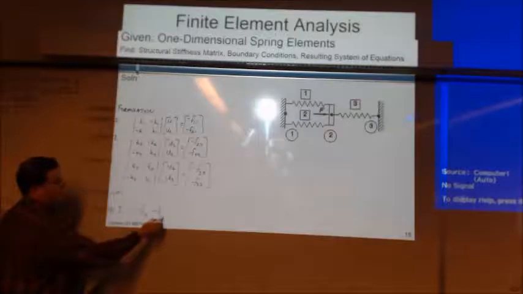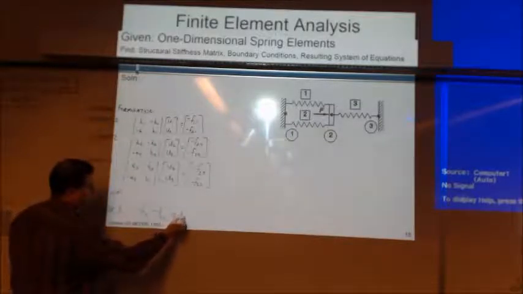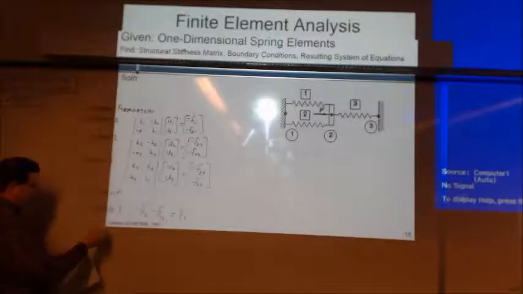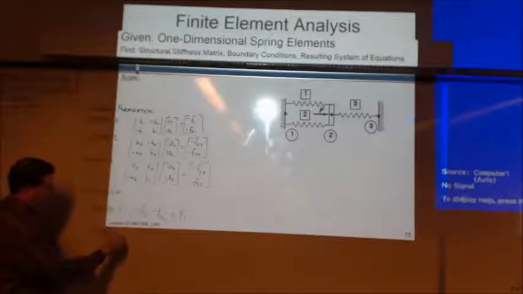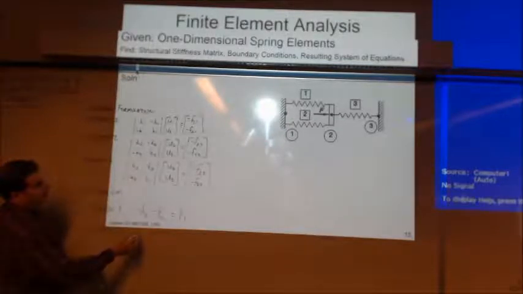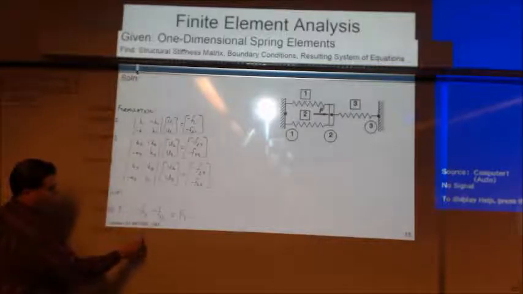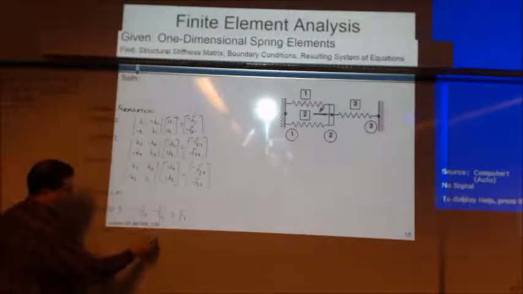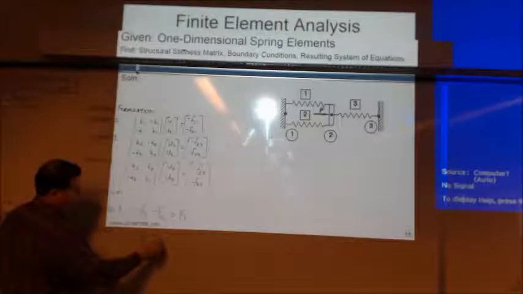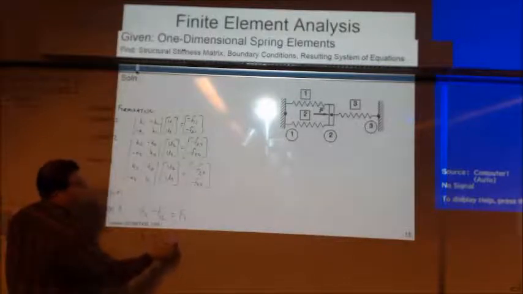So node 1, which element? 2 equals F1, right? At node 2, we have what? Minus F. So node 2, which elements are touching node 2? 1 minus what? 2, 2 minus 2, 3, right?